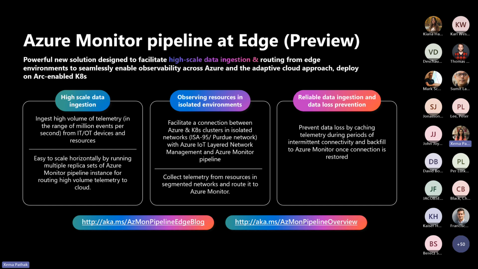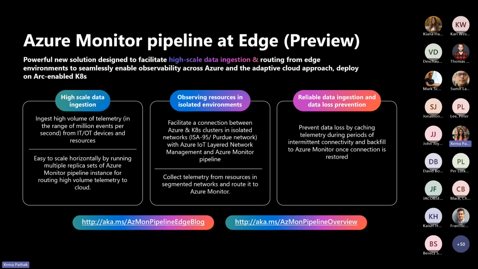When we talk to customers, they say our agents are limited in terms of the scale. We have customers who are currently ingesting 6 million events per second for 1 KB message size. So that's the kind of scale we are looking at. Especially in manufacturing environments, there are so many resources, various types of IT, OT devices that emit really, really high volume of telemetry. To achieve this kind of scale, this particular component will help them scale out horizontally and then help them route all the telemetry to the cloud.